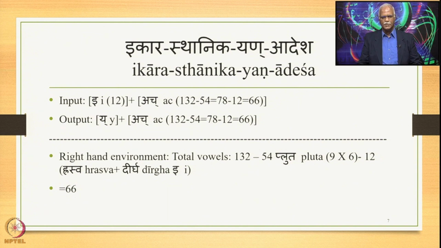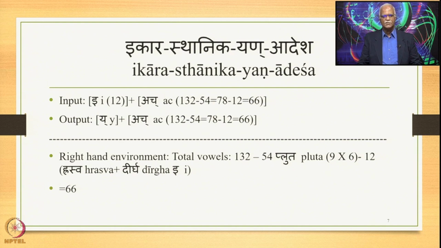Now in this input, the rule 6177 applies and gives the output in the form of ya plus ach, which are 66 vowels. The right hand side environment consists of total vowels which are 132 minus 54 pluta vowels minus 12 rasva and dirgha ikaras which are savarnas in the combinations.